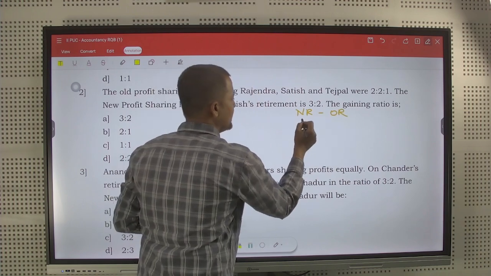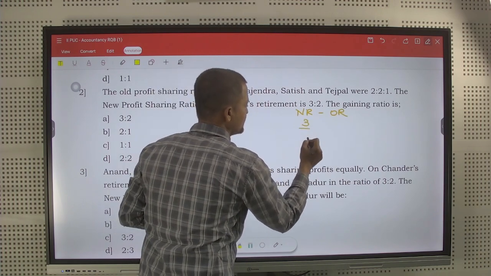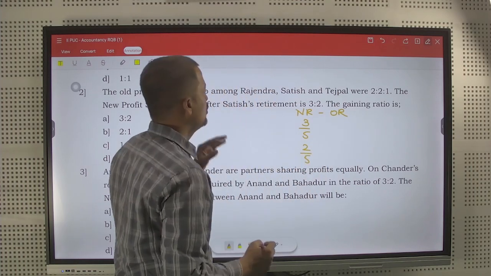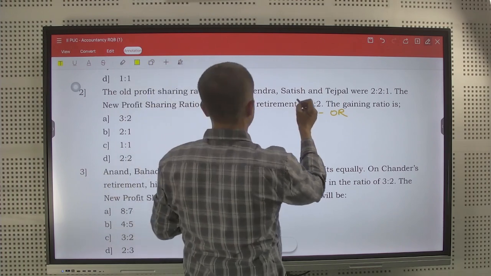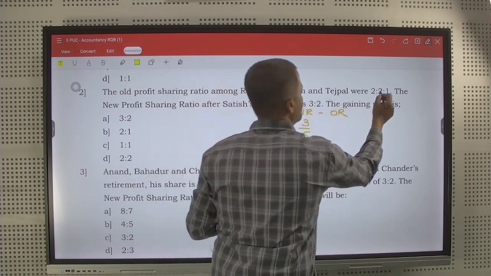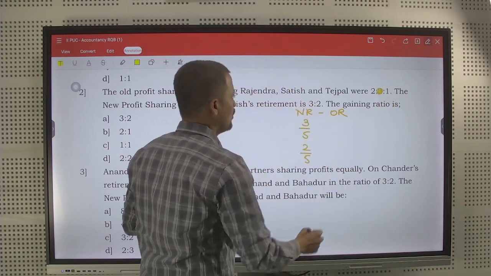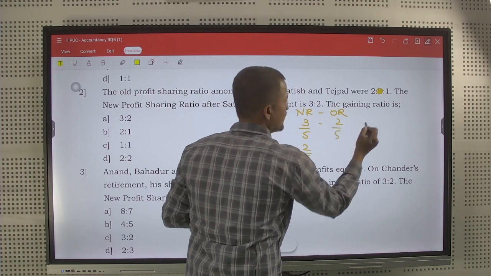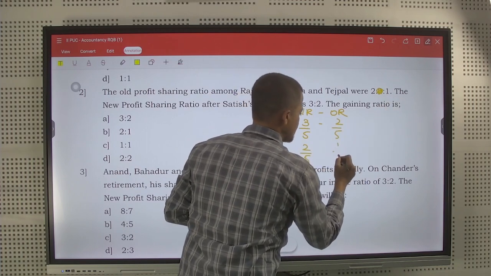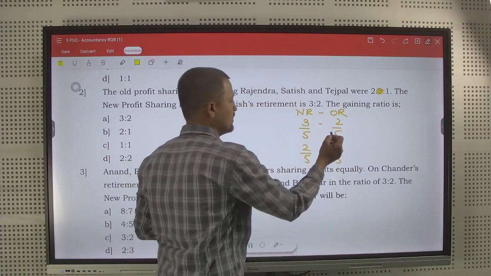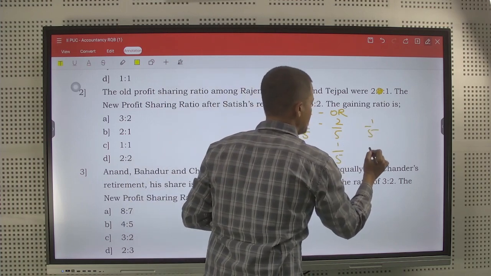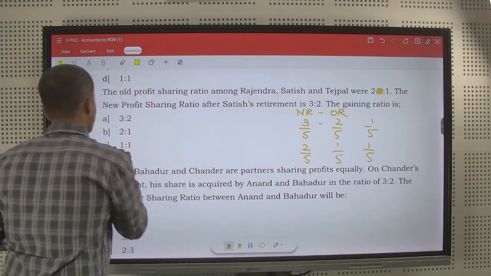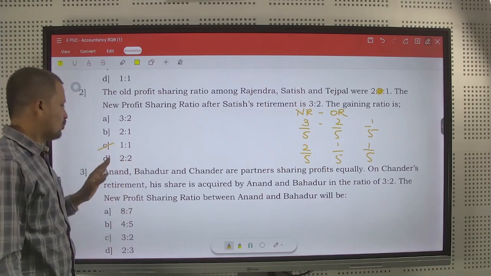NR here is 3/5 and 2/5. Satish, the second person, has retired, so I remove him. The old ratio is 2/5 and the last one is 1/5. So 3/5 minus 2/5 is 1/5, and 2/5 minus 1/5 is 1/5. So the gaining ratio will be 1:1.